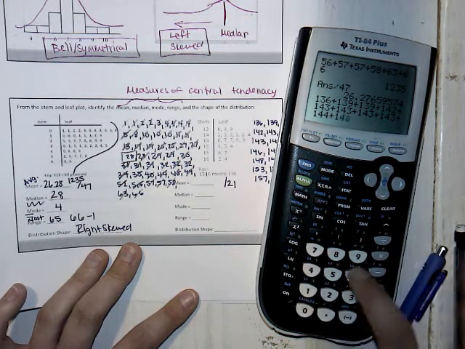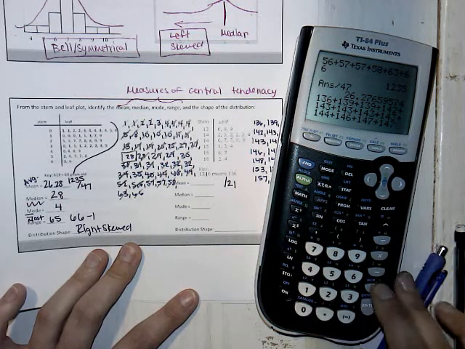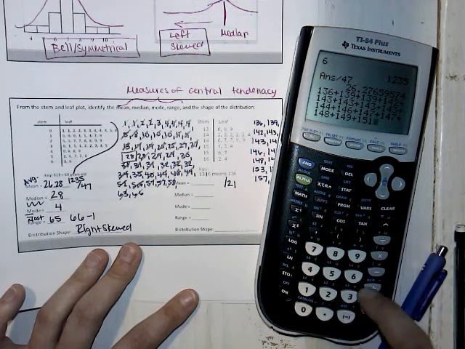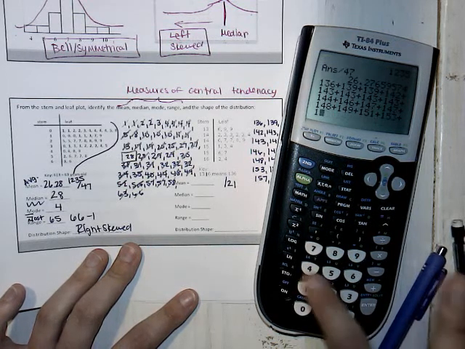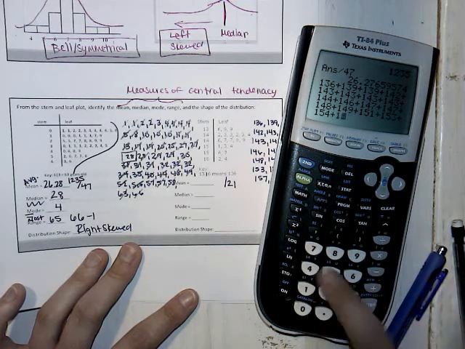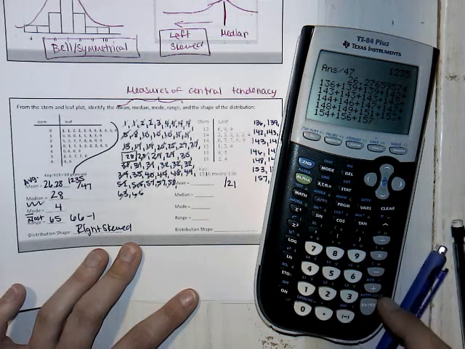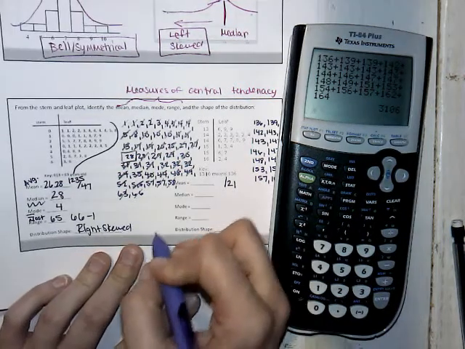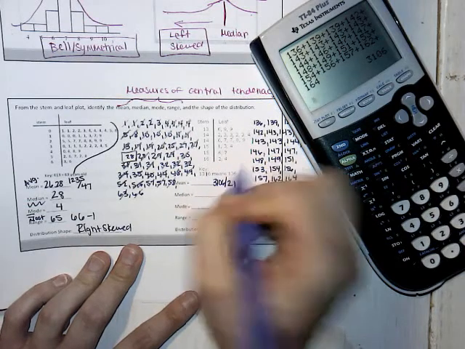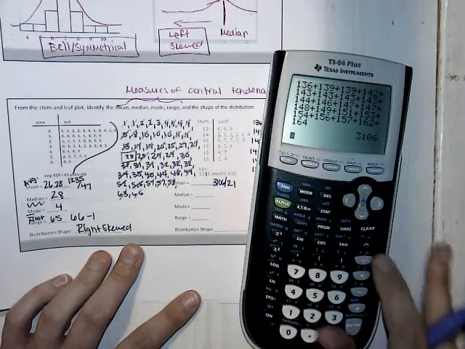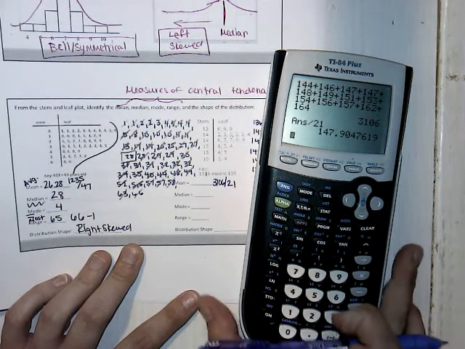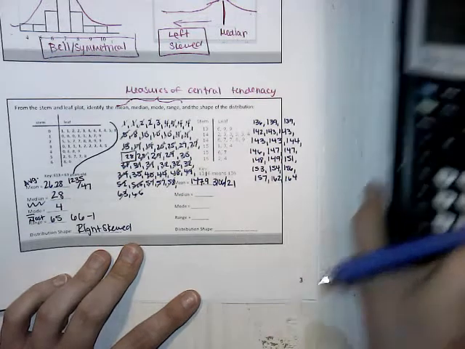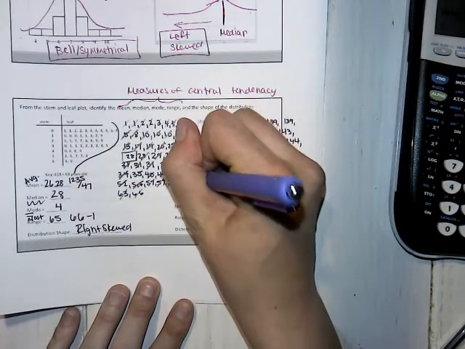And I go 146, 147, 147, 148, 149, 151, 153, 154, 156, and 157. And then I have 162 and 164. So I add all those numbers together and I get 3,106, and I have to divide that by the total that there are. So I divide that by 21 and I get 147.9. So my mean is 147.9.